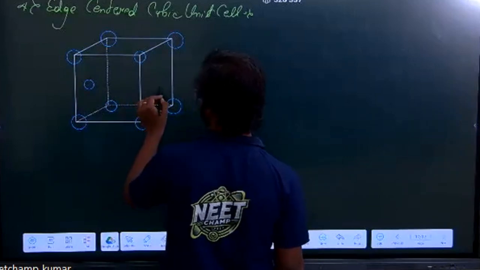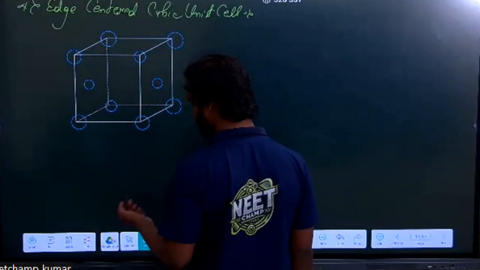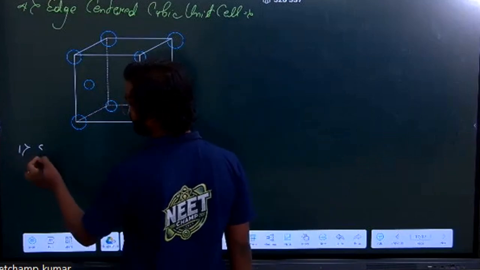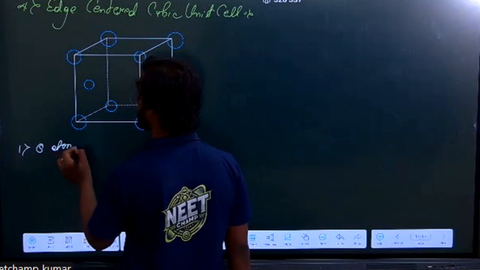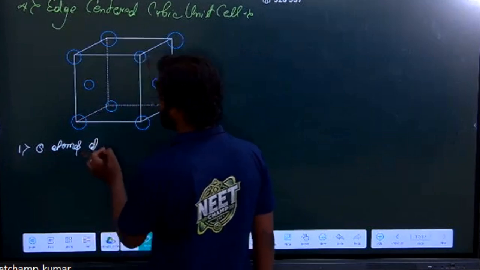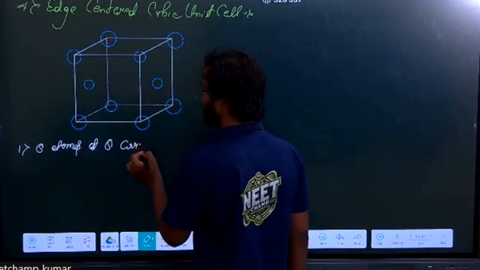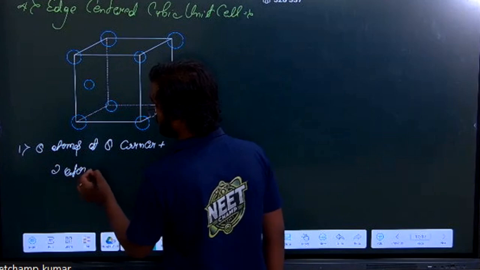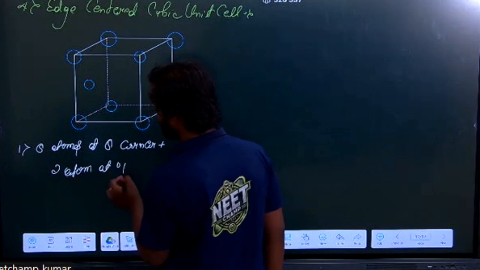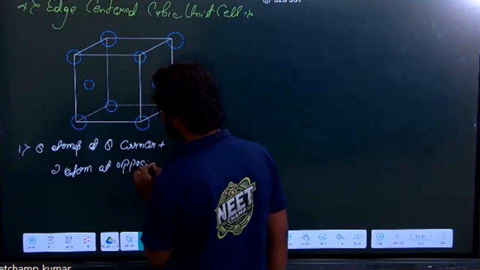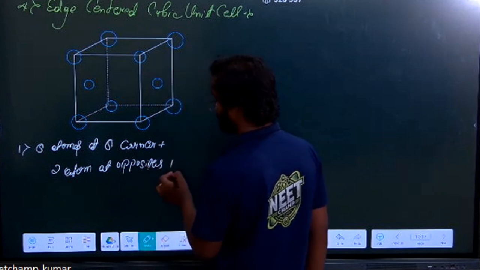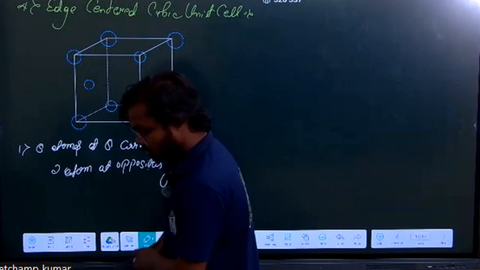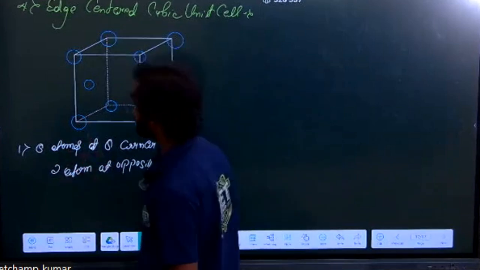Simple, any two opposite faces you can take. I am taking this, you can take any one. So first thing, 8 atoms at 8 corners plus two atoms at opposite faces. That is the first important point.